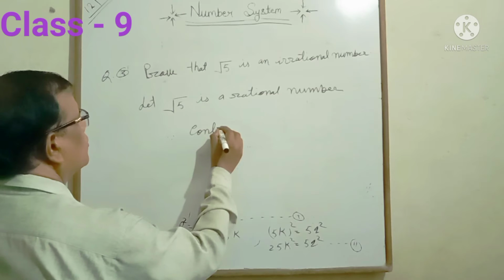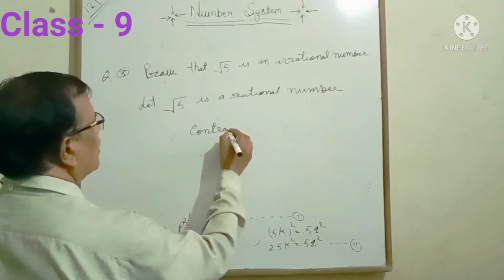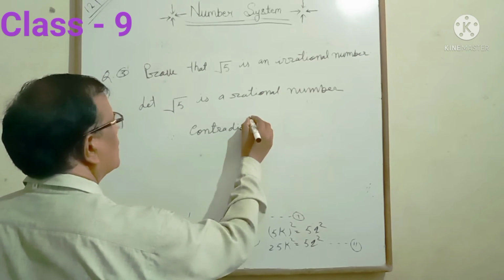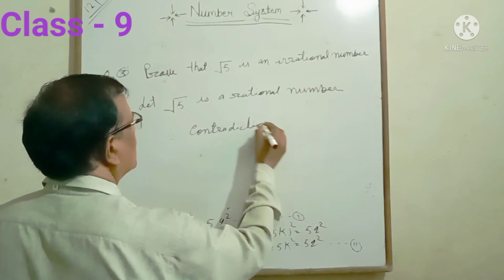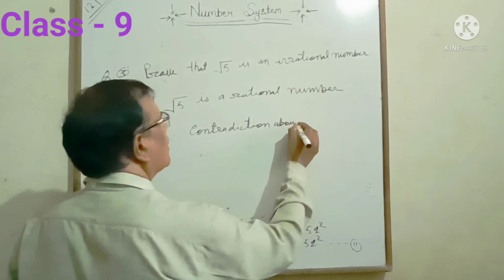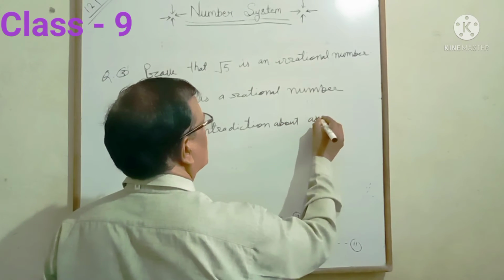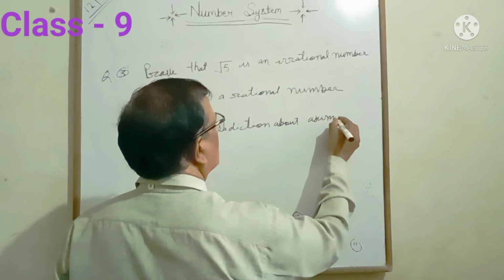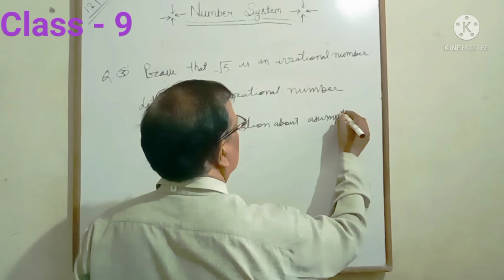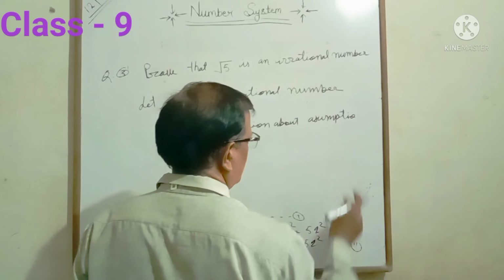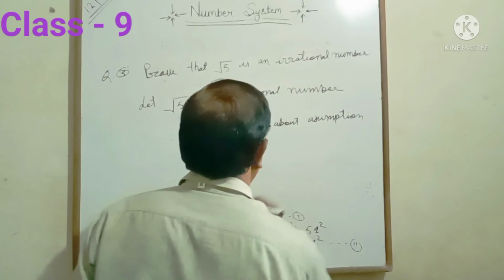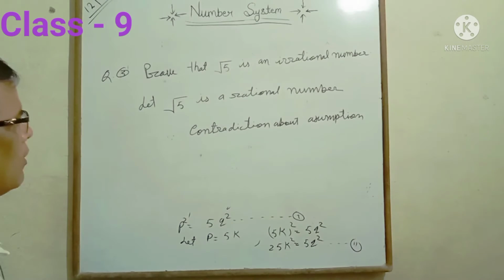Contradiction means opposition. A contradiction has arisen about the assumption which we assumed.